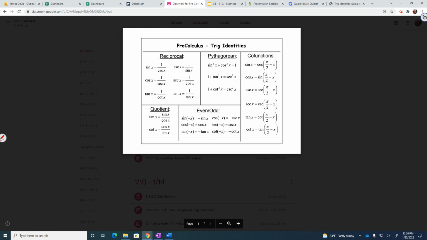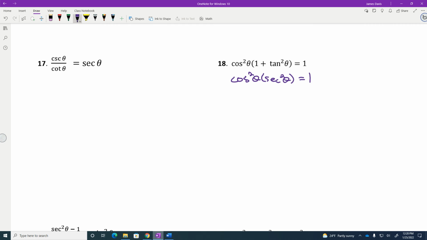So secant squared would be 1 over cosine squared. Remember, while that isn't necessarily written on your paper, you can still use the fact that secant is 1 over cosine and write it that way. All right, now since these are opposites, they can cancel. So we get 1 equals 1.